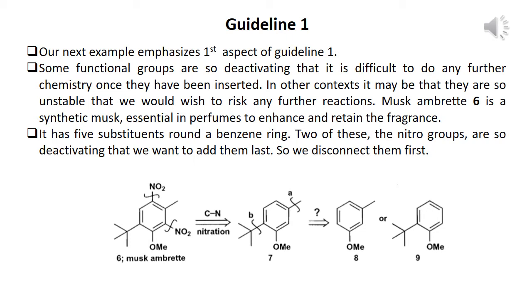So let's see on the next slide what is discussed about this. Compound 6, after disconnection of the nitro group, gives compound 7. 7 has two possible disconnections. One will give 8 if we do the B disconnection, and if we do the A disconnection, we shall get 9.